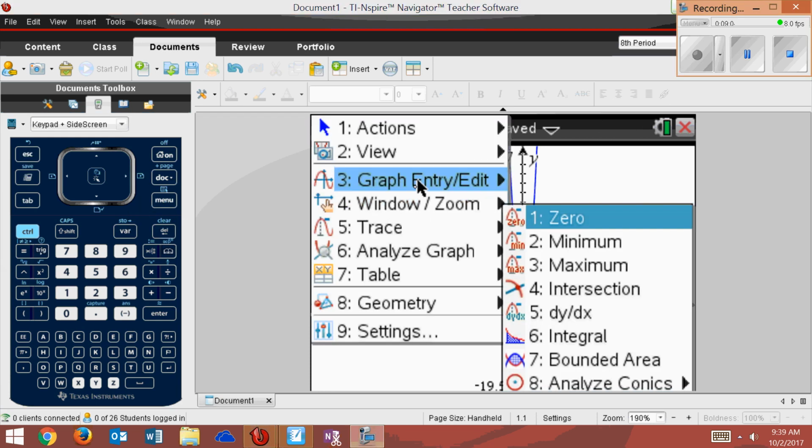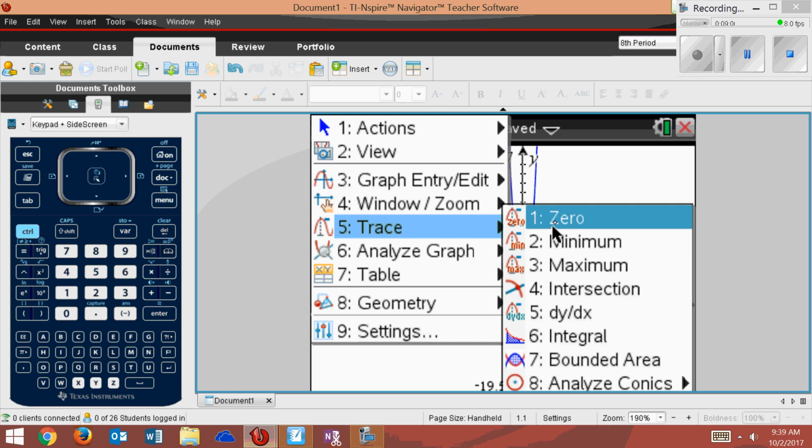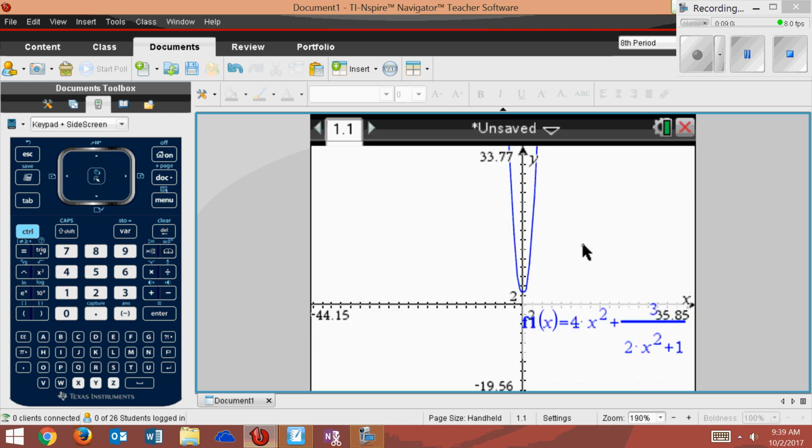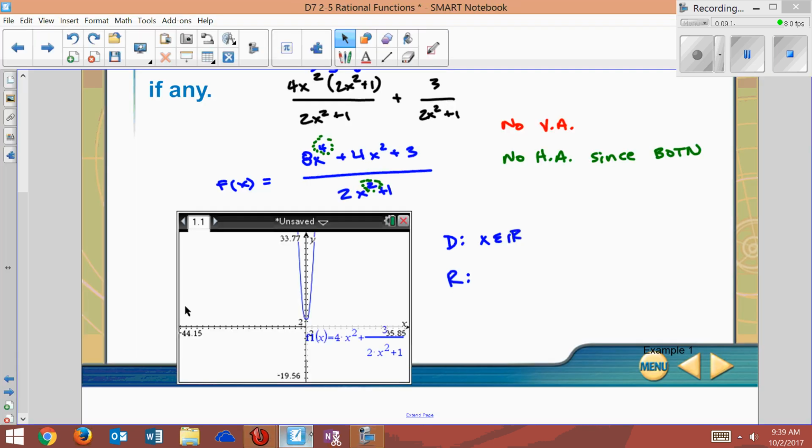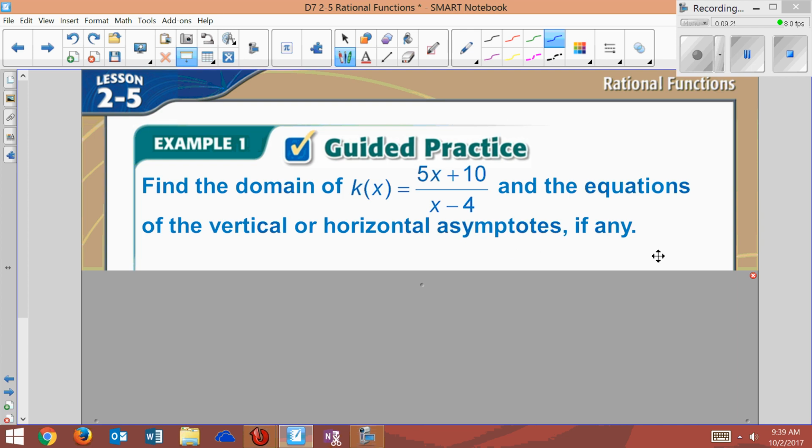I've gone to menu, I'm going to go to analyze graph, and I'm going to look for the lowest point. Looks like it's 2.9. So the range would be, I have a lowest value of 2.9 to infinity. Now you go ahead and try this one.